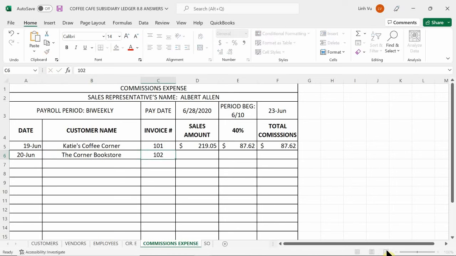Invoice number 102. How much did Albert sell? 127.75. So therefore, how much is his commissions? Okay.